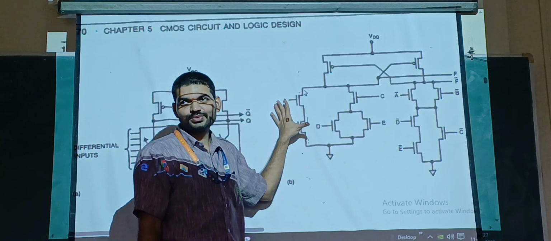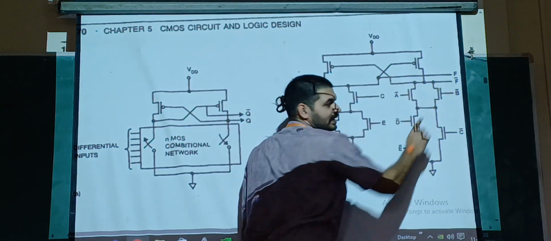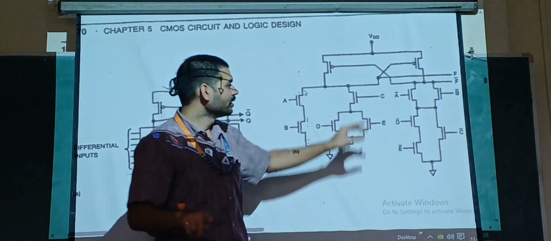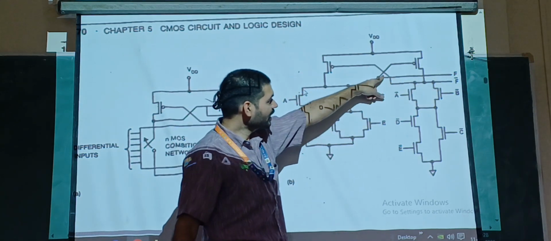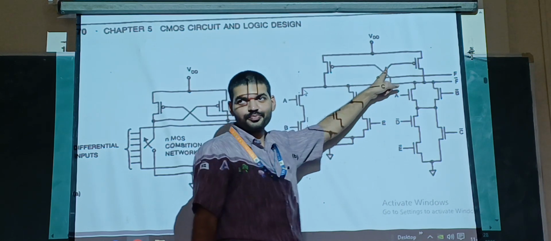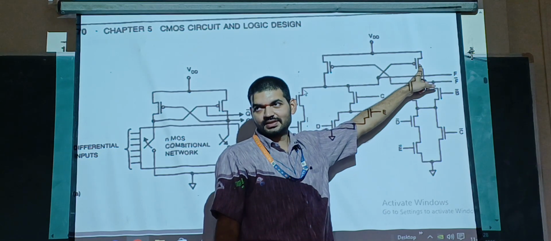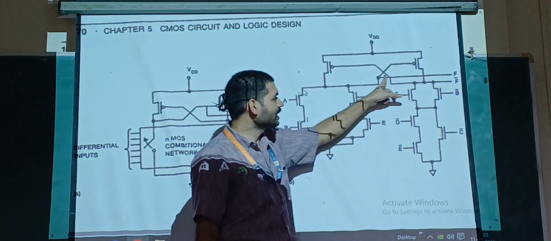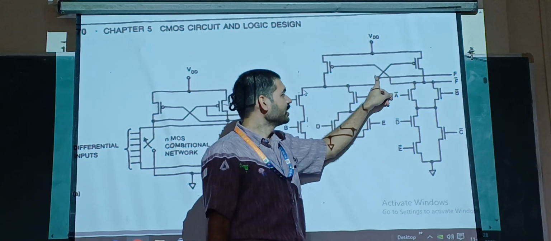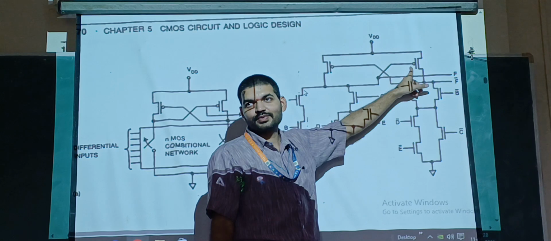So I am getting the output F as 0. That F is in fact connected to this PMOSFET. So that 0 is going to the input of this PMOSFET. What happens, is the PMOSFET on or off?